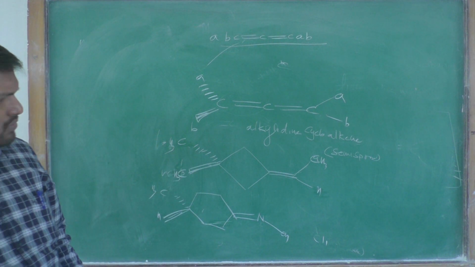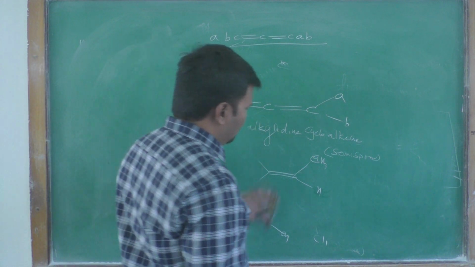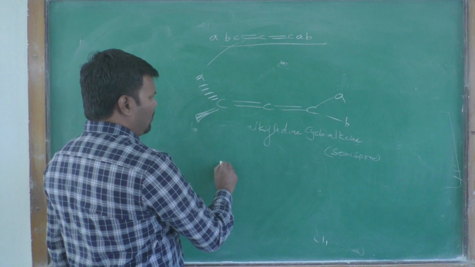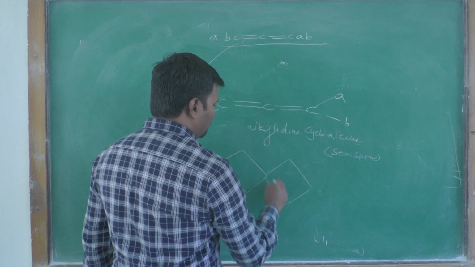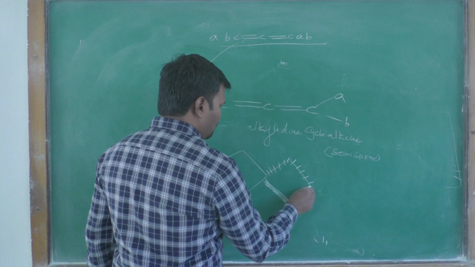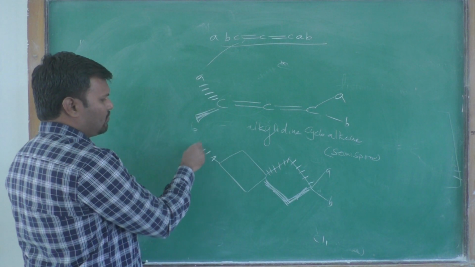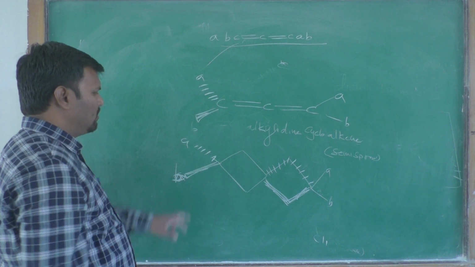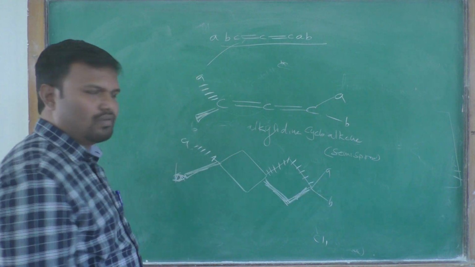If we replace both double bonds with rings, it is converted into spiro compounds. Again, the necessary condition is that at the terminal carbon, A and B are different.